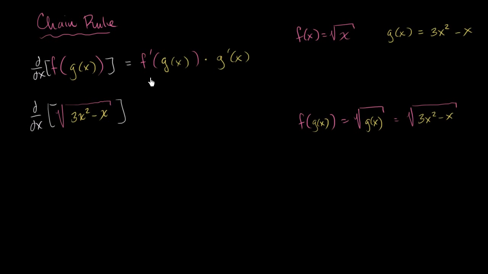Fair enough. So let's apply the chain rule. What is f prime of g of x going to be equal to? The derivative of f with respect to g. Well, what's f prime of x? F prime of x is equal to, this is the same thing as x to the 1/2 power, so we can just apply the power rule. So it's going to be 1/2 times x to the, and then we just take 1 away from the exponent. 1/2 minus 1 is negative 1/2.